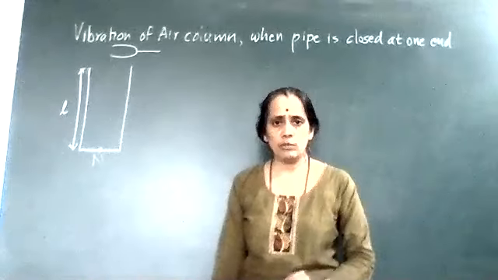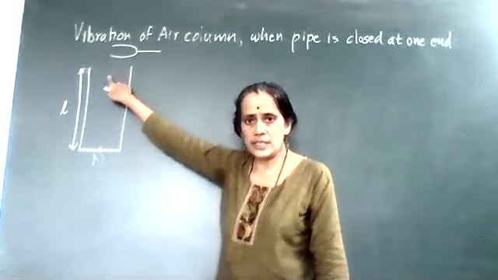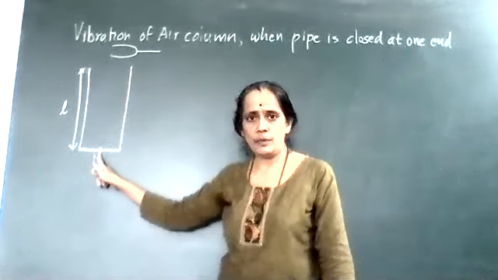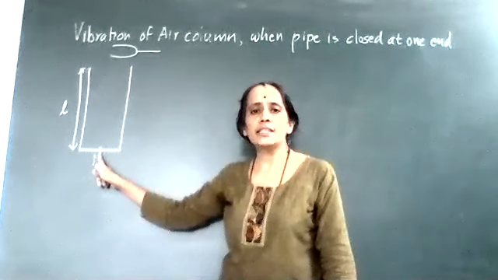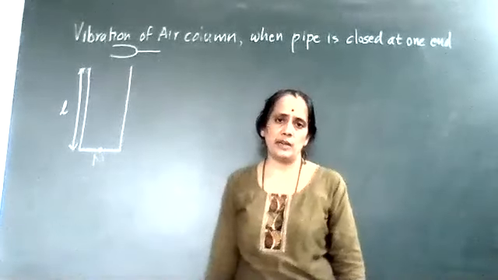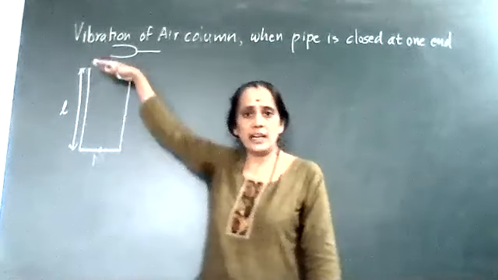Now, in this pipe, at the closed end, there is a formation of a node. Now, why is it so? When the sound wave is incident through this air column on this rigid wall, the wall will act as a denser medium. And from that denser medium, the wave will get reflected.